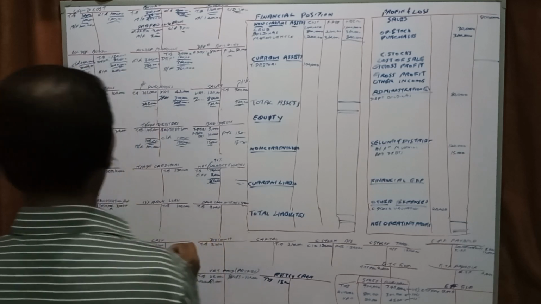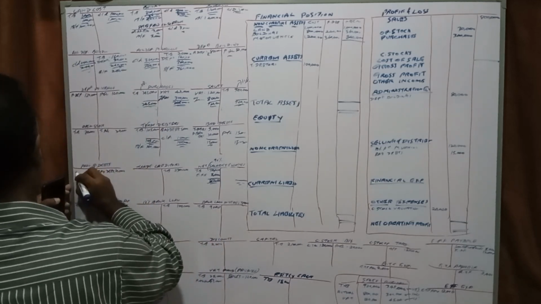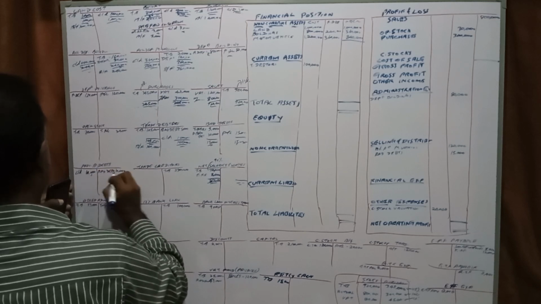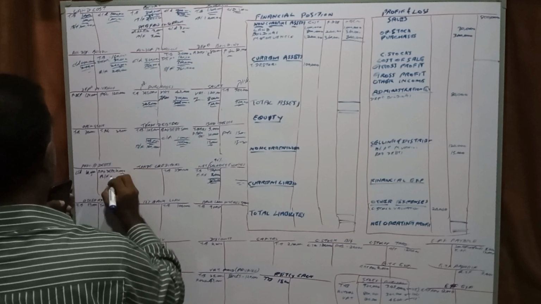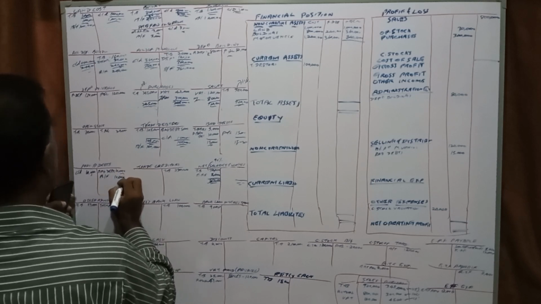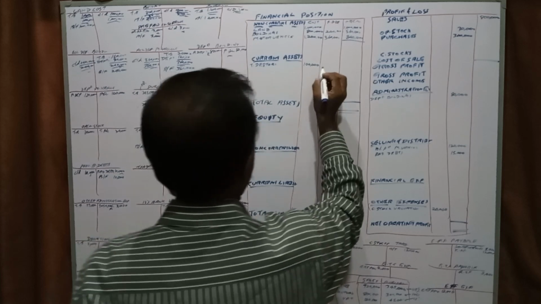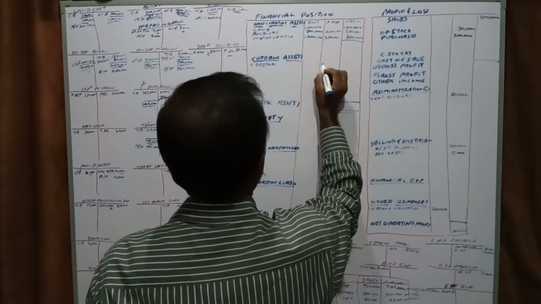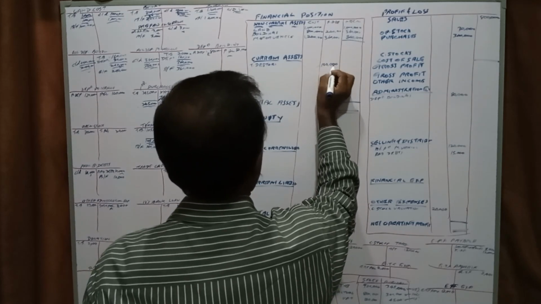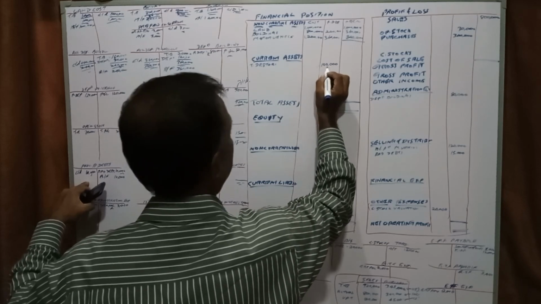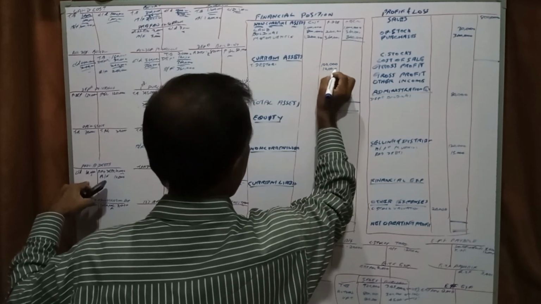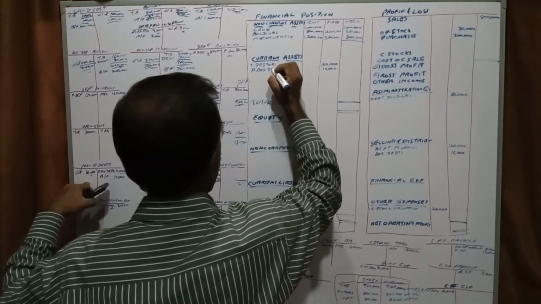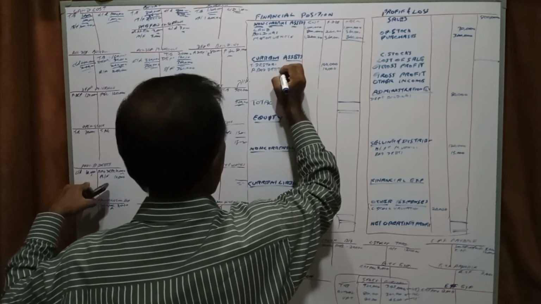And thereafter you have to see the provision for bad debts, right? This is carried down balance 10,000, provision for bad debts, and brought forward balance of provision for bad debts is 10,000. This provision you have to deduct from the current assets, right? 100,000 is the debtors, and the provision for bad debts is 10,000.